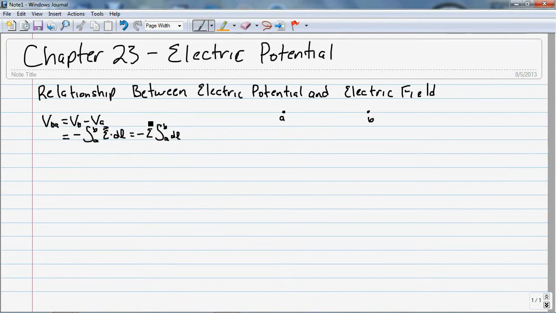Now this is assuming a constant electric field. So we have an electric field here.